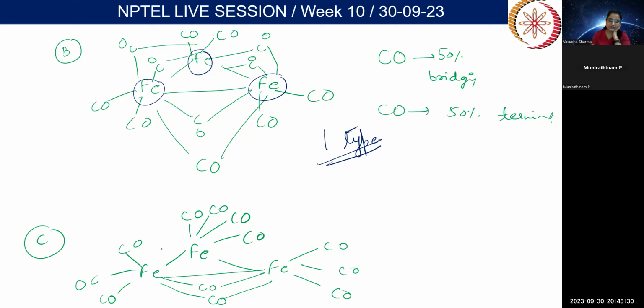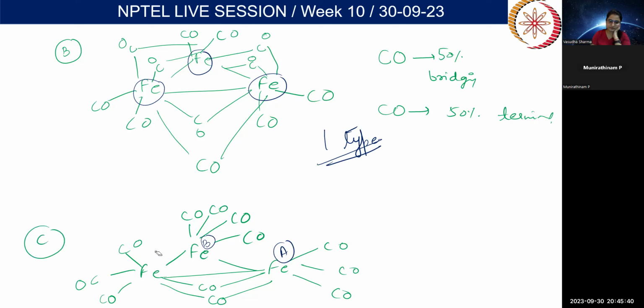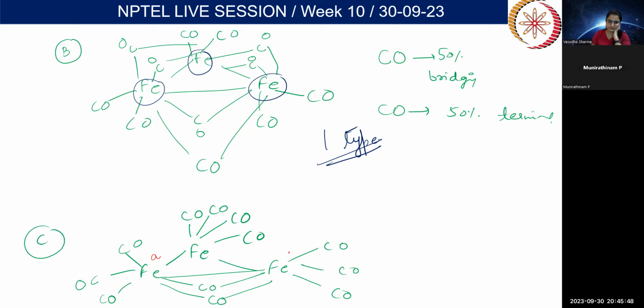Let's say I'm talking about this as the C structure. Are the three irons in three different environments? Just check it carefully. No, two, because the two below are in the same environment, and the top Fe is in a different environment.